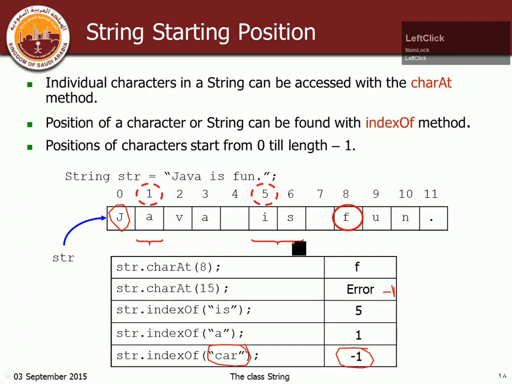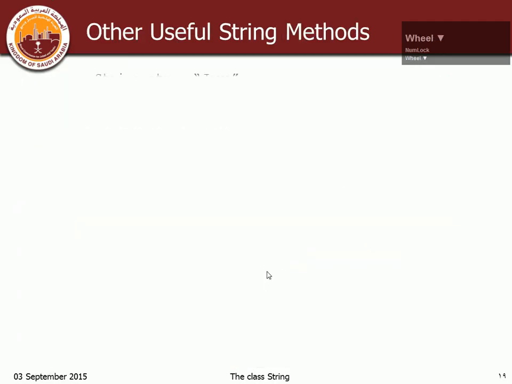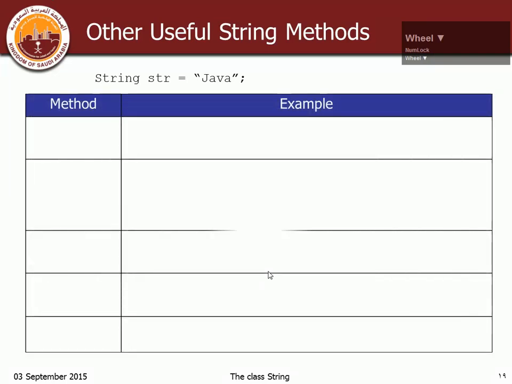Okay, so let's continue on this one. Now imagine that this is string str Java. There are other methods that can be used. The equals allows you to compare two texts.